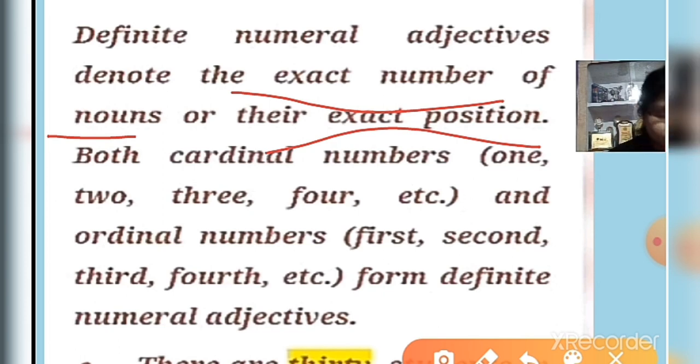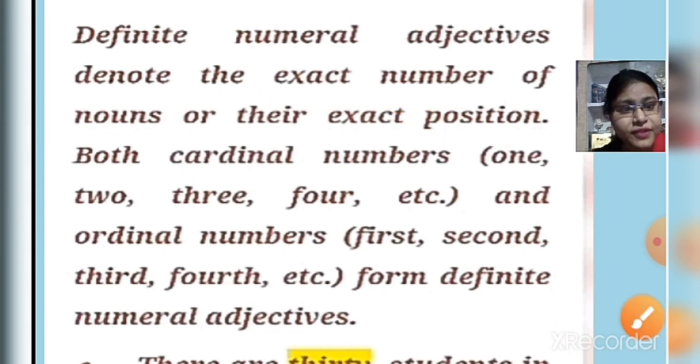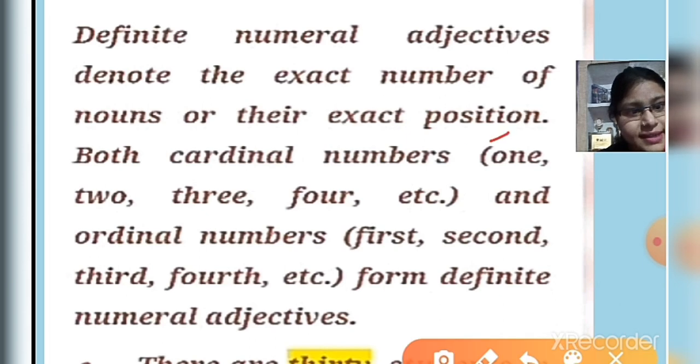So children, in definite numeral adjectives we have cardinal and ordinal numbers, and only these form the definite numeral adjectives. They always give the exact number and exact position of nouns. With the help of these cardinal and ordinal numbers we can know the exact position or the exact number of the nouns or pronouns. Clear? See the example, you will get more.